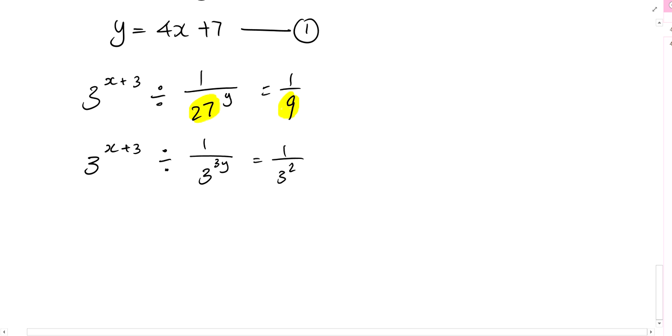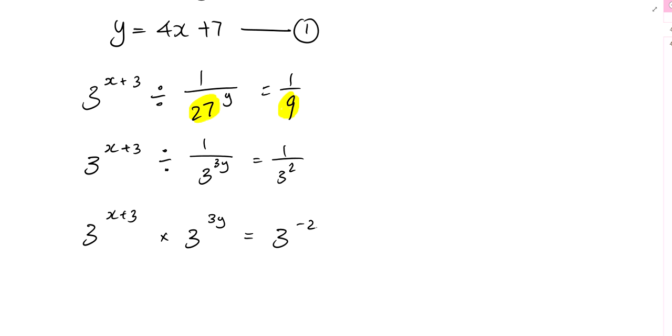Times 3 to the power of 3y throughout, is it? Yeah, we can. And that's what I'm going to do next. So 3 to the power of x plus 3. Divide by a fraction is just multiplying, by 3 to the power of 3y equals 3 to the power of negative 2. Yes? Yeah, it's the same.